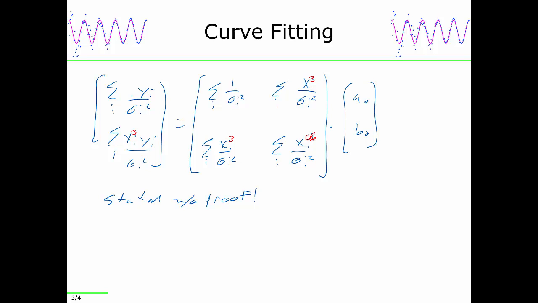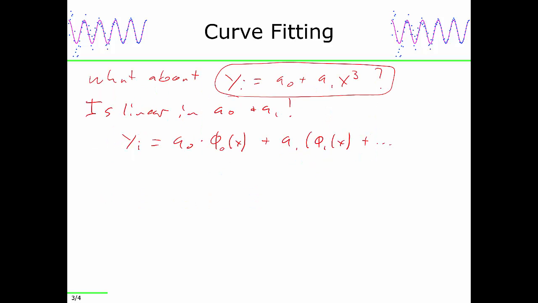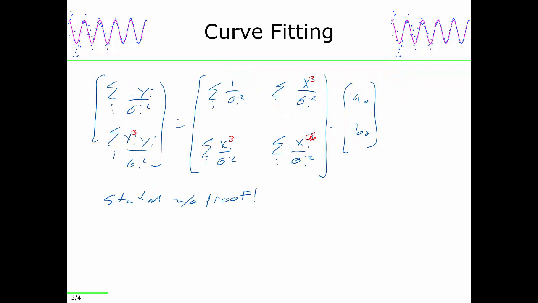Yeah. That's easy, right? What about, let's throw another one at you here then. How about y sub I equals a0 x sub I plus a1 x squared of I? What do you think this does then?